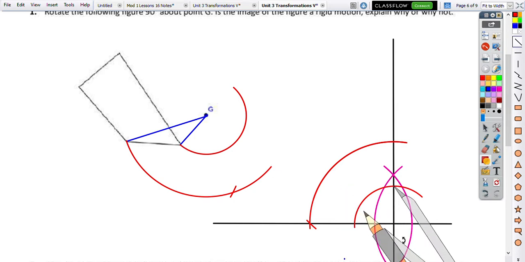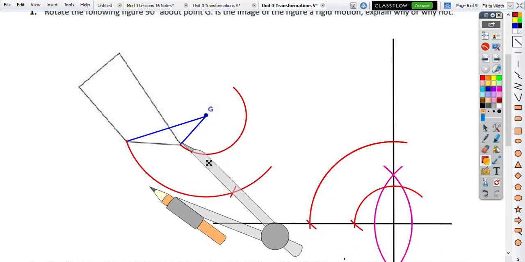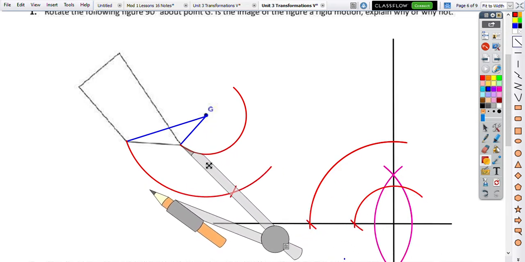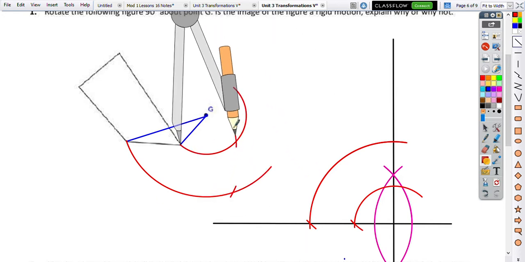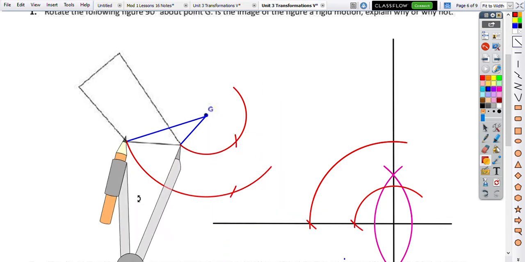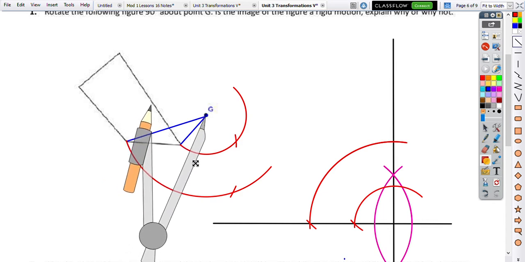Compass on the intersection of the circle and the angle, so that is how far a 90-degree turn is along that circle. Place the compass point on the point we want to rotate, and then we're essentially going to transfer that arc, measure the arc. So that's the same distance around that circle here. So that's where that point's going to rotate to. And then we just repeat for the other points.